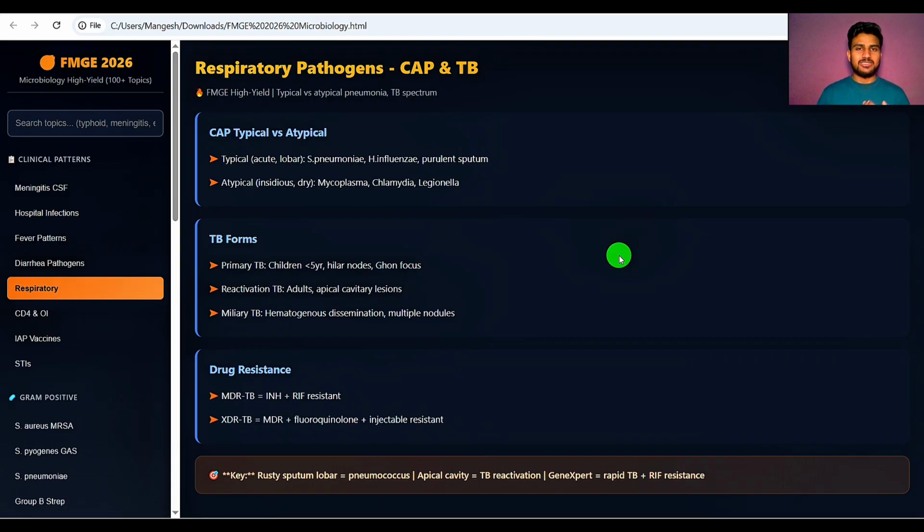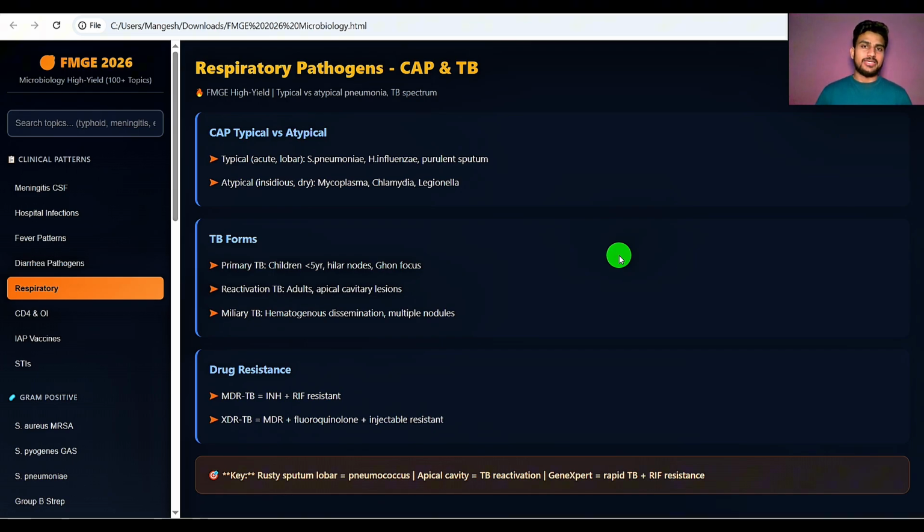They can mention the color of the sputum, that gives you a hint to distinguish further. But the thing that I want you to focus on is Streptococcus pneumoniae is the most common organism for typical community acquired pneumonia. And in atypical cases, the onset is insidious. There can be a dry cough. The common causes are Mycoplasma, Chlamydia, and Legionella.